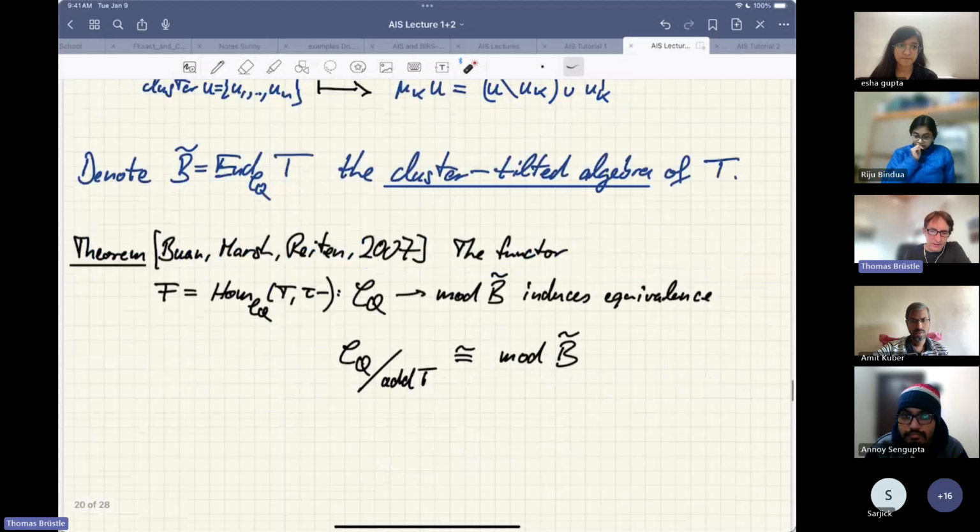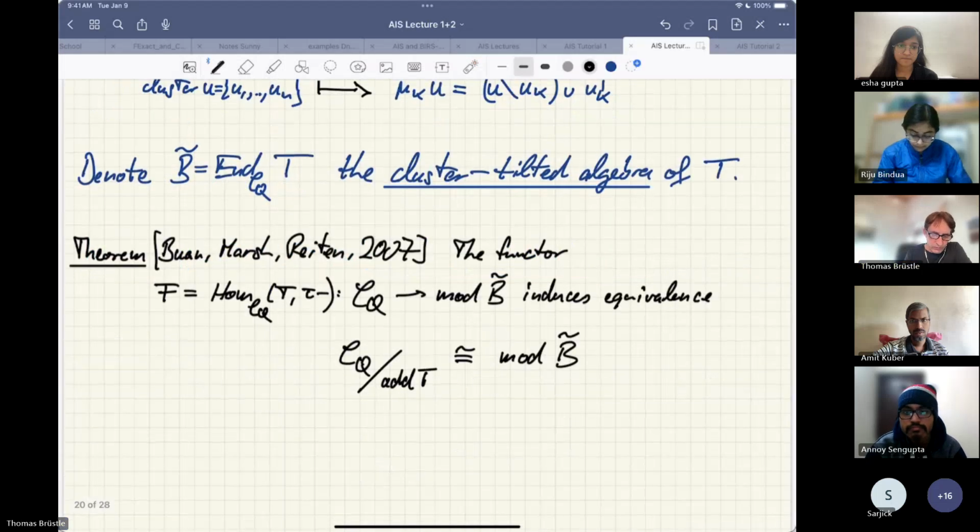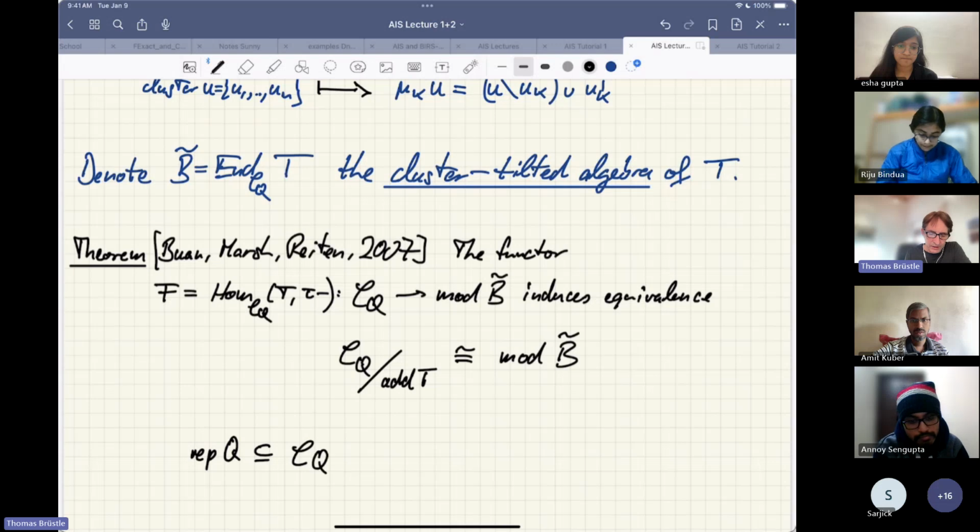Since the category of representations is contained in the cluster category, if you have an object T sitting inside the representations, you can view the same object here.